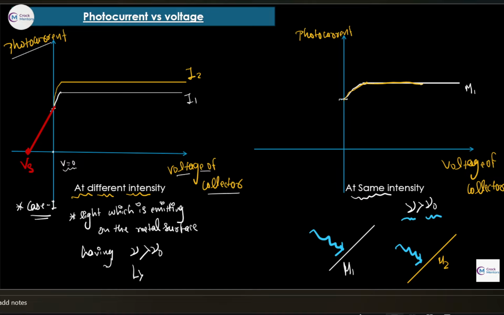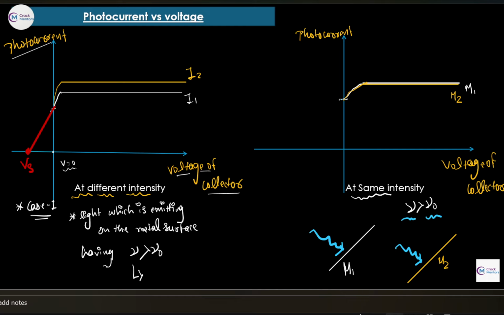This is going to be exactly the same thing, with no change in it. For metal surface 2, it is also going to be the same because the intensity of the light is exactly the same. This is the graph that we are going to observe when the light is incident on the metal surfaces.